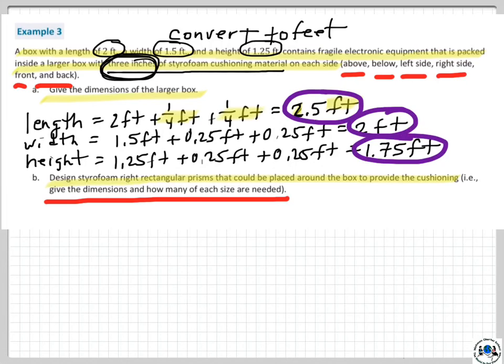So you're going to imagine you have this large box, with the small box in between. You've got to design these styrofoam sheets that are going to help cushion that smaller box.